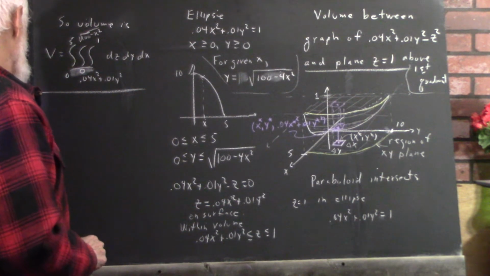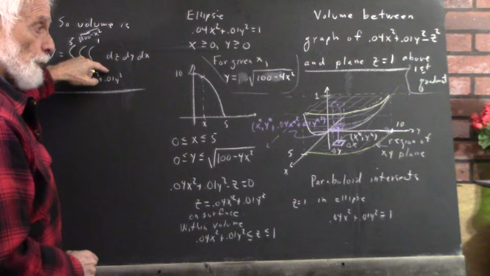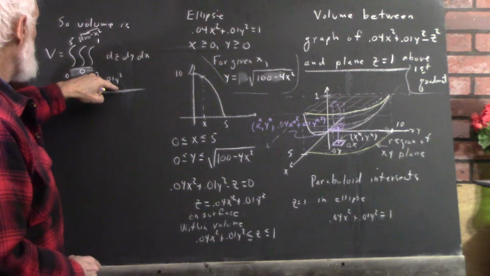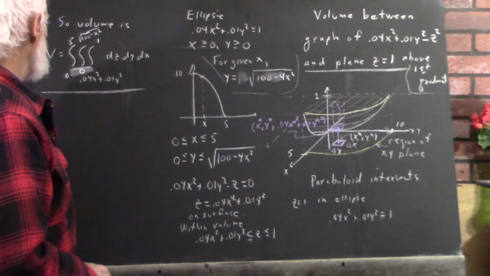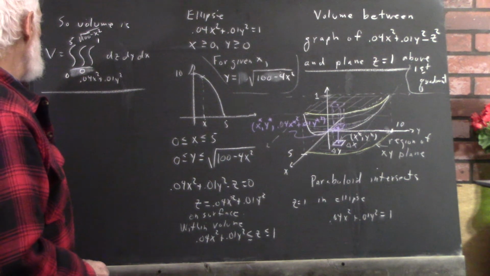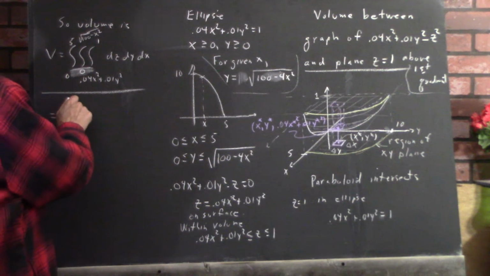Integration is pretty straightforward. In other words, when we do the integral with respect to z, we're going to get 1 minus this. And then we do the integral with respect to y. Well, okay, I'm going to just write it out.